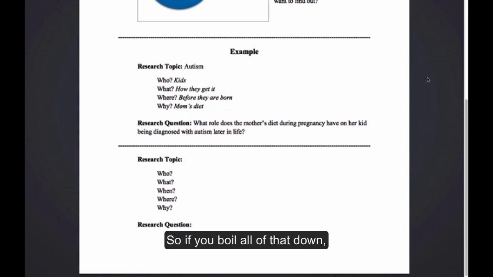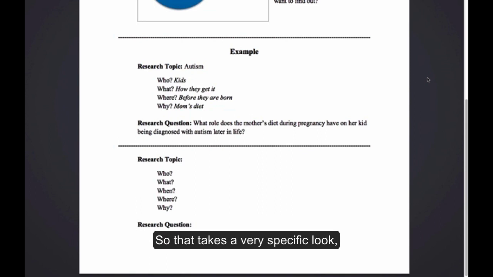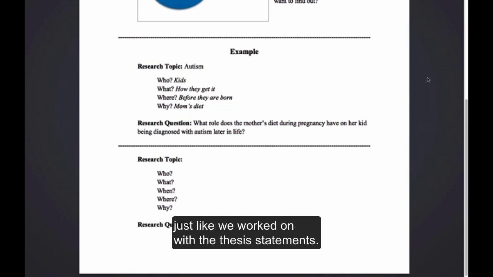So if you boil all of that down, you can come up with a research question. And here's an example. What role does the mother's diet during pregnancy have on her kid being diagnosed with autism later in life?